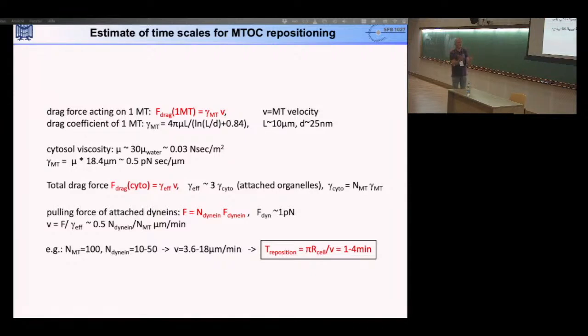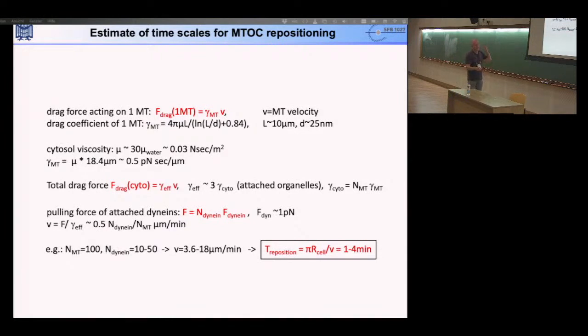When you assume a stall force of a dynein of 1 piconewton, could be more than that, at a certain number of microtubules, then you end up with a velocity with which the whole object is pulled through the viscous material between 4 and 18 micrometers per minute. And then the maximum distance is again this 15 micrometers.